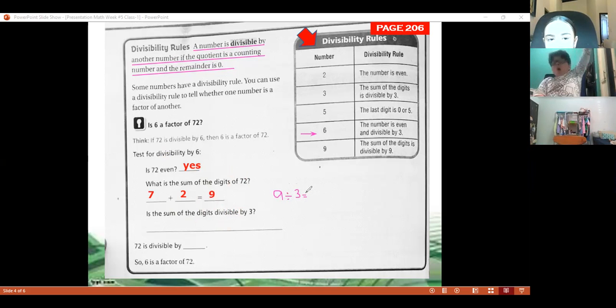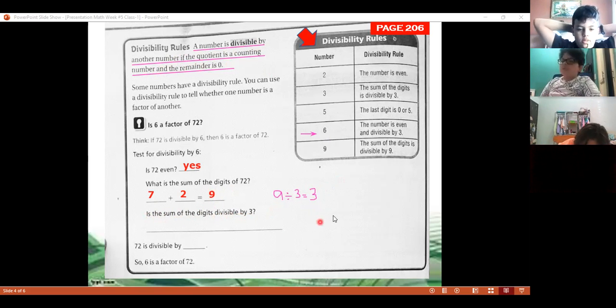If you divide 9 by 3, class, in the table of 3, 3 times 3 is 9. Remember, a number is divisible by another if the quotient is a counting number and the remainder is 0. I have 0 remainder. So is the sum of the digits divisible by 3? Number 9 is divisible by 3 because the remainder is 0, right?